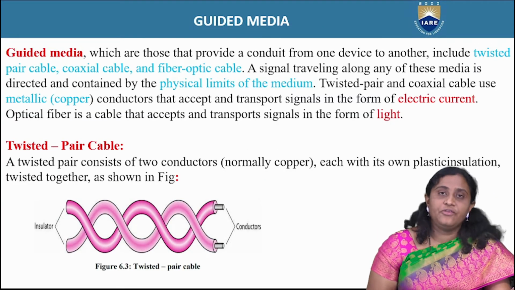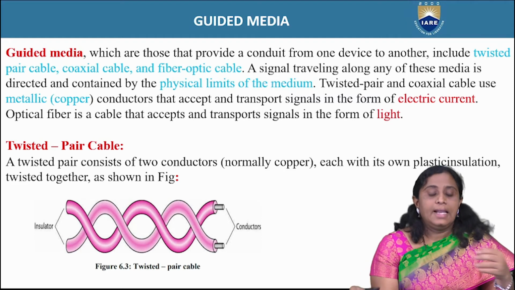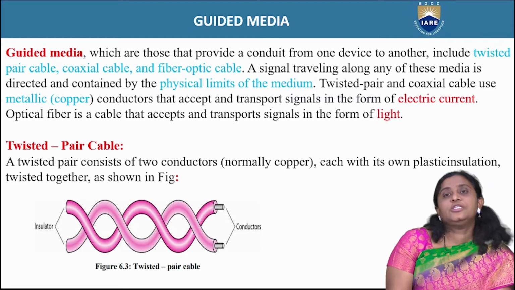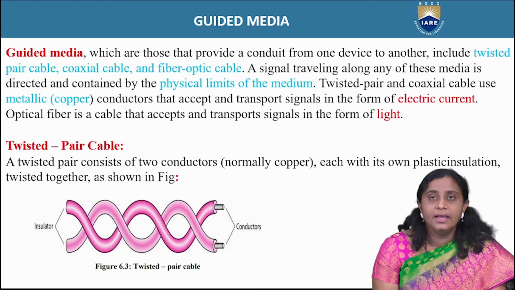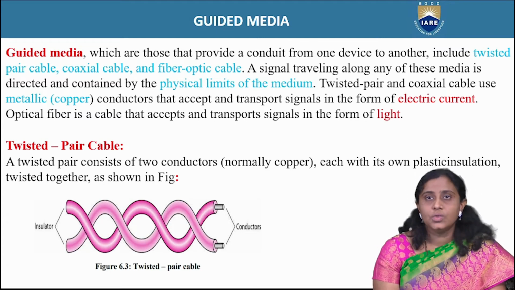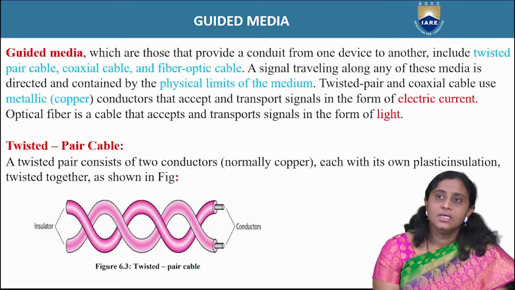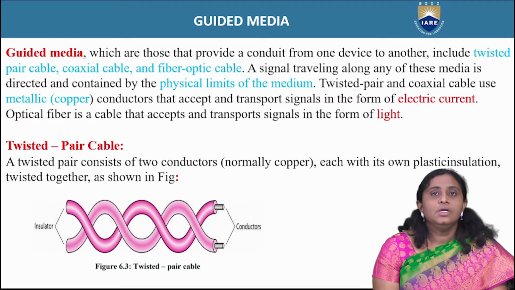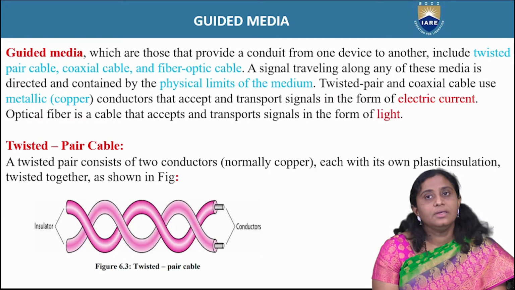Coming to the first division of transmission media, that is the guided media, which provide a conduit from one device to another device. They include twisted pair cable, coaxial cable and fiber optic cable.